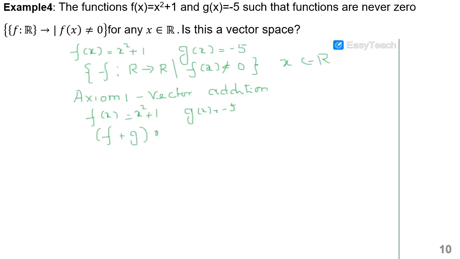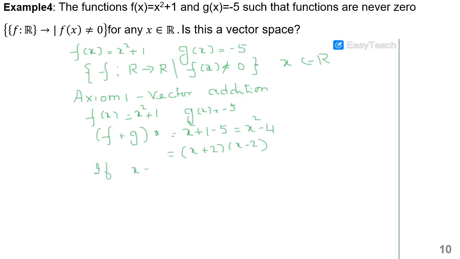Always in this case, when we take functions, the addition takes place pointwise. So, f plus g of x is equal to x square plus 1 minus 5. This gives you x square minus 4, that is (x plus 2) into (x minus 2).